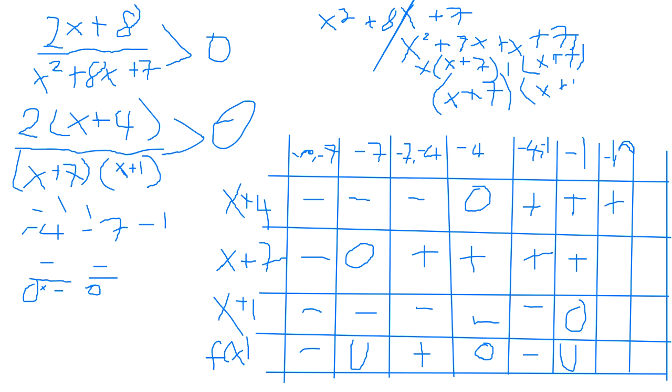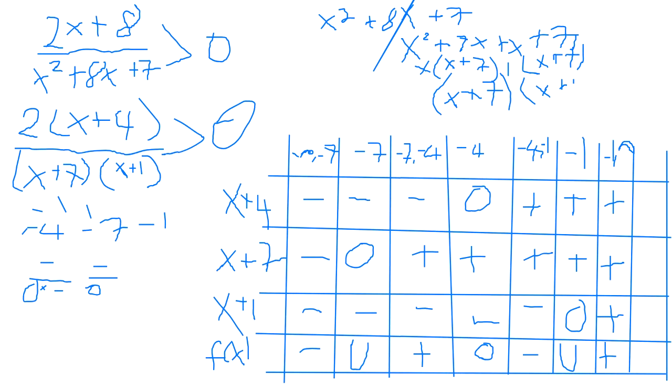Positive. So positive will give me what? Positive. So you see, once you take your time and do your table correctly, you have already found your answer. So you don't have to rush here.